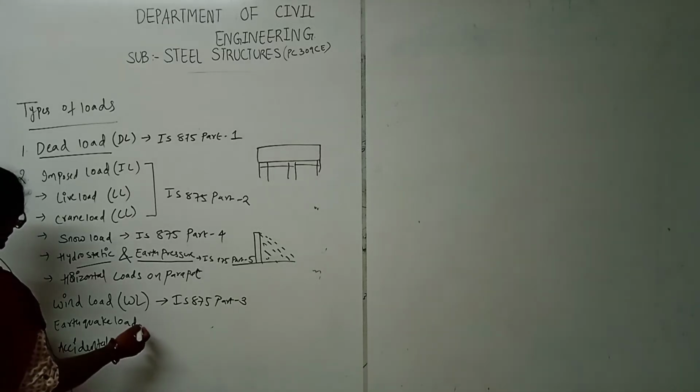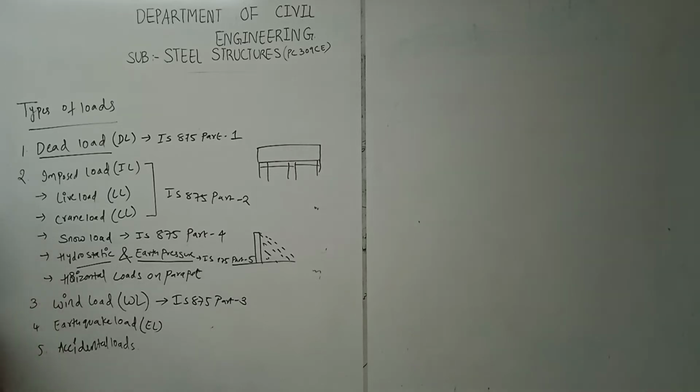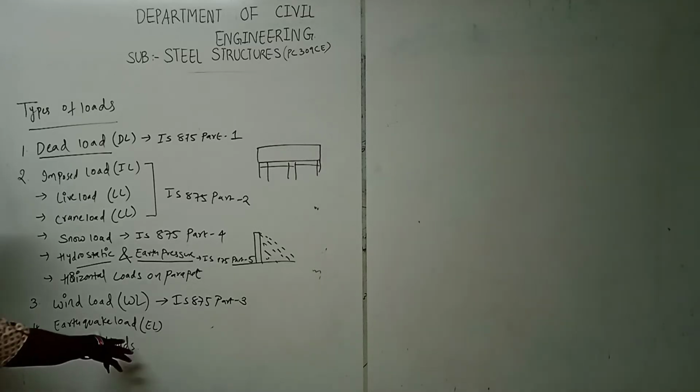Next one is the earthquake load, where we take the earthquake into consideration. In our areas, which are not that prone to earthquakes, we don't give that much importance to earthquake loads. But Gujarat is a frequently earthquake-prone area, and Japan is also.